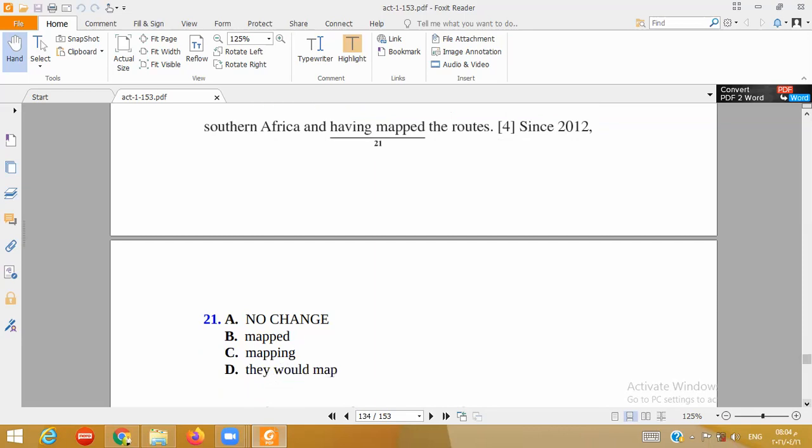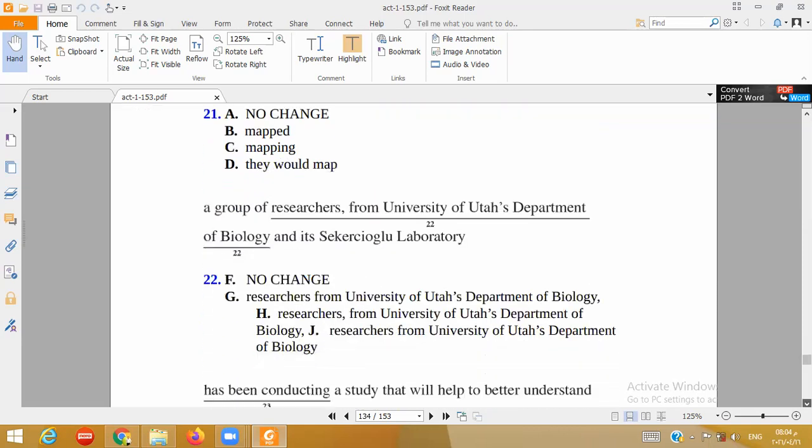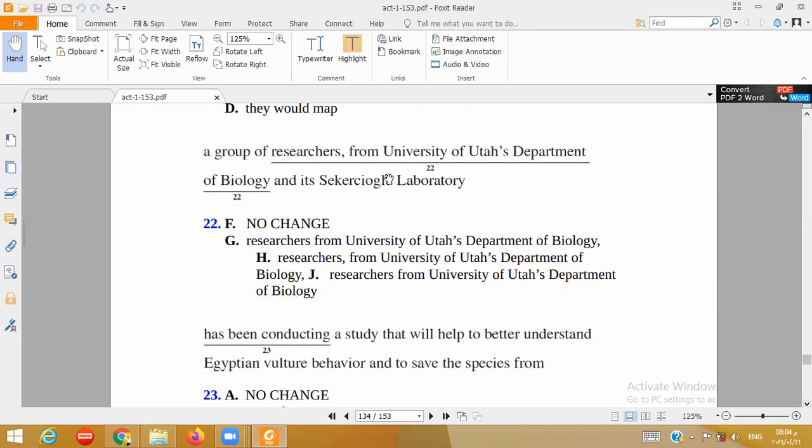Since 2012, a group of researchers from University of Utah's Department of Biology and its laboratory. Do you think that sentence is good? Number 22 or 23.